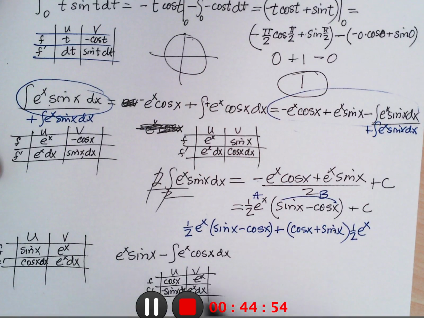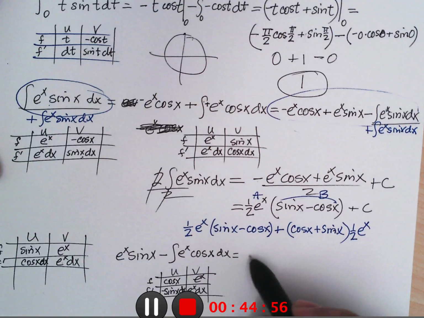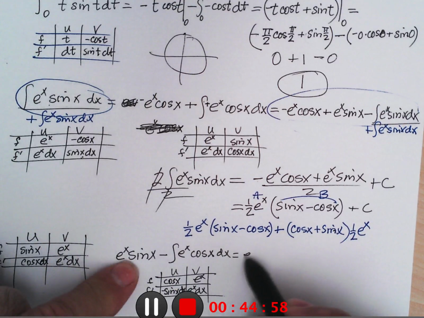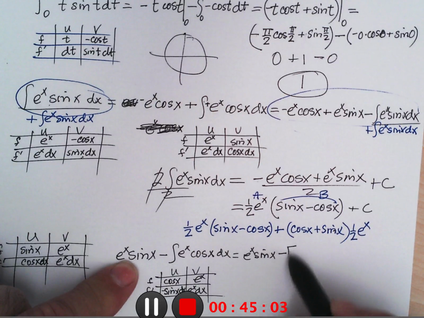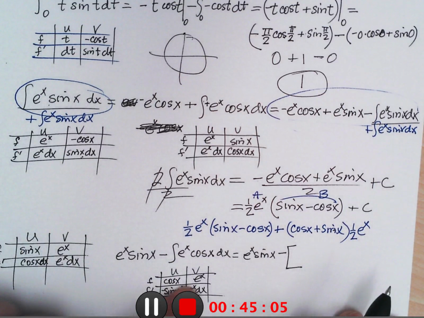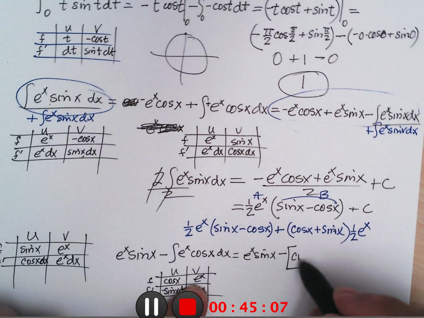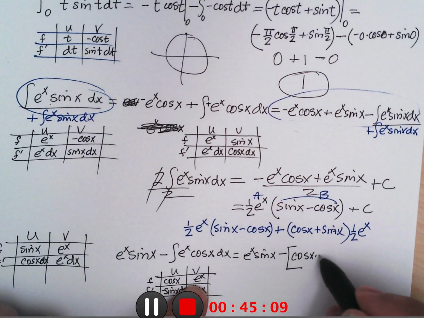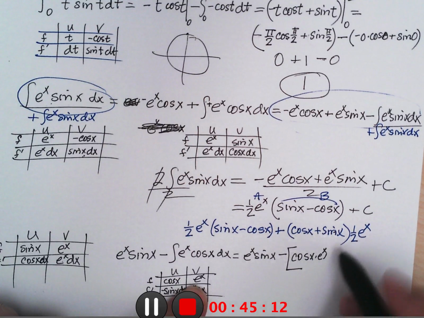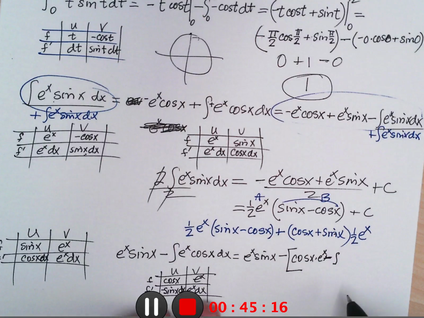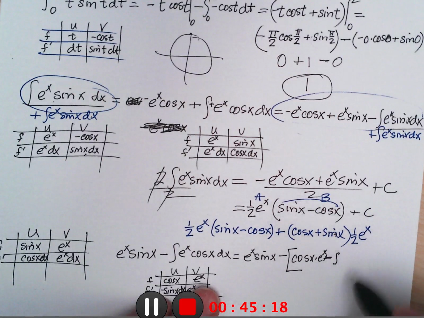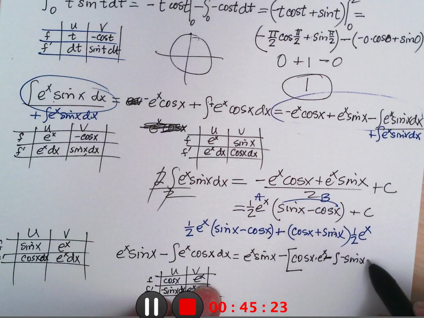And we get e to the x sine x minus uv, cosine x times e to the x, minus integral, the antiderivative of negative sine x e to the x dx.